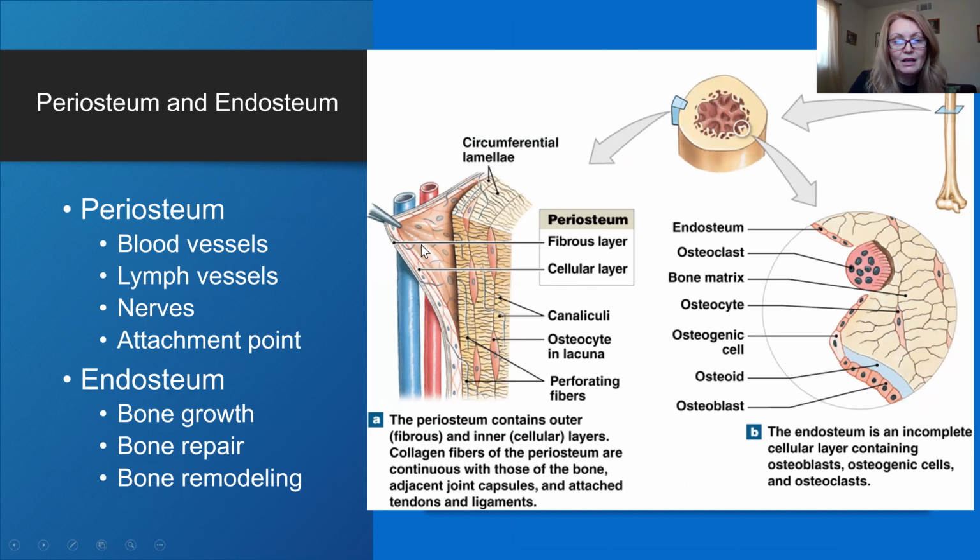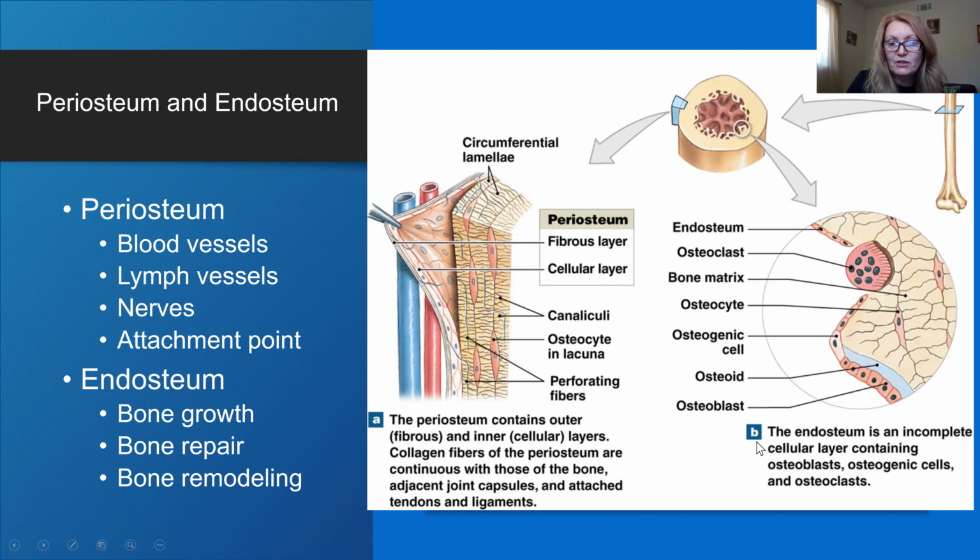The periosteum also contains blood vessels, lymph vessels, nerves, and the function is an attachment point. It attaches to tendons and ligaments. It doesn't say over here, but you do have osteogenic cells in this cellular layer of periosteum.